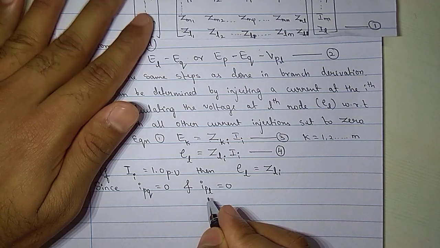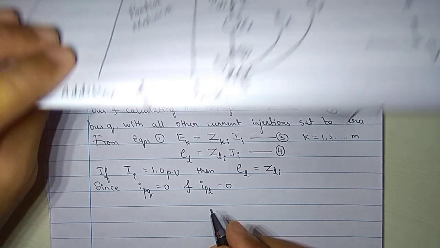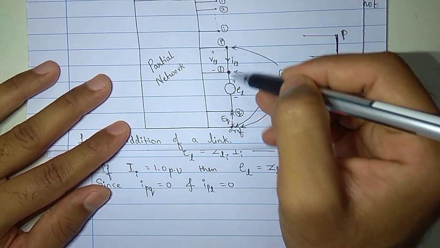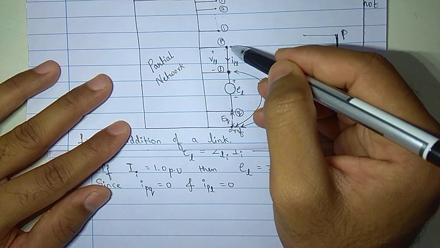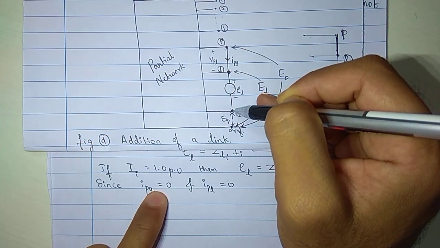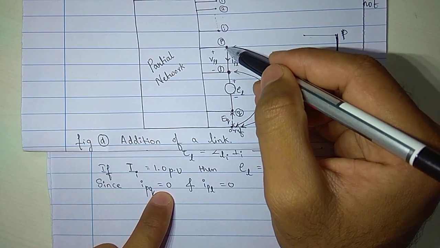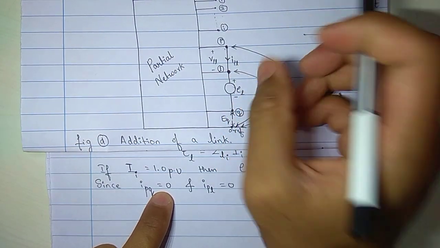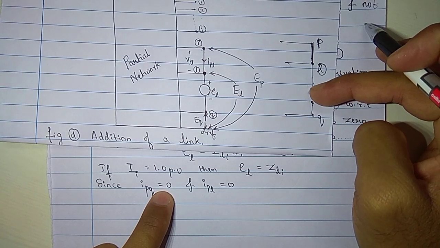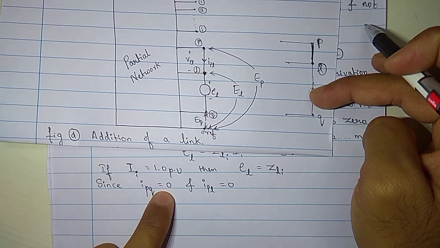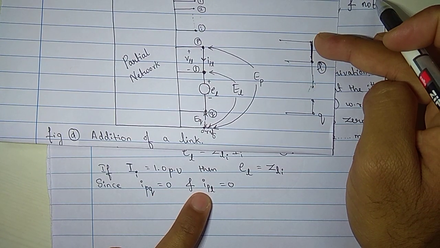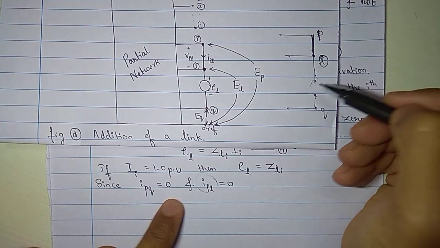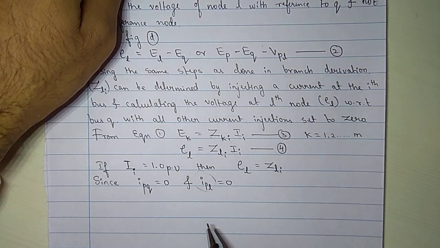This is how, look at the figure D. They said that P to Q, the current is 0. Look here. P to Q, the current is 0, which means that they are open circuiting this. Here, it is open circuited. If it is open circuited, what about the current which is flowing from IPL? This current, IPL, is also 0 because it is open circuited.